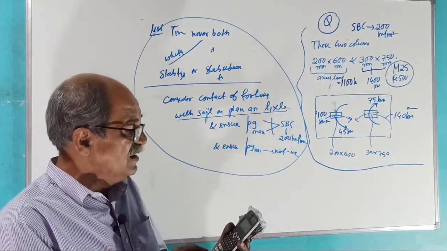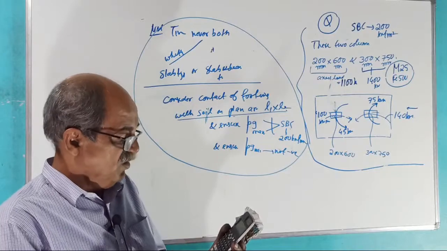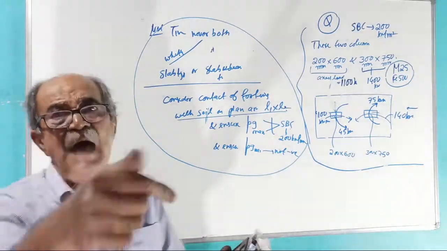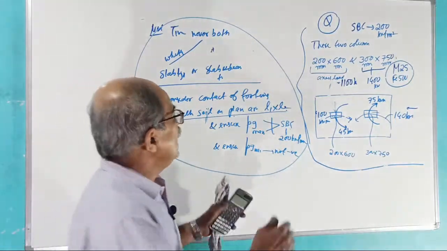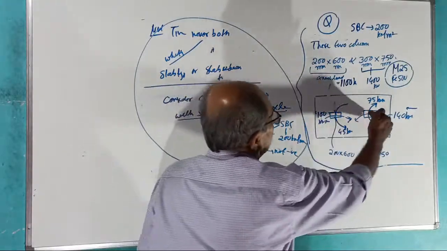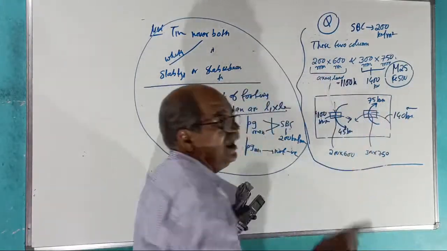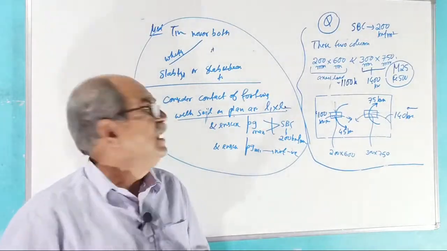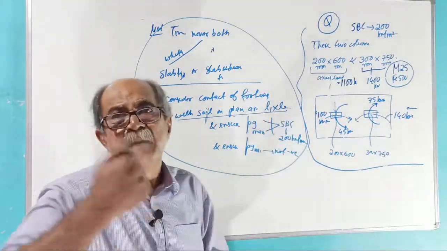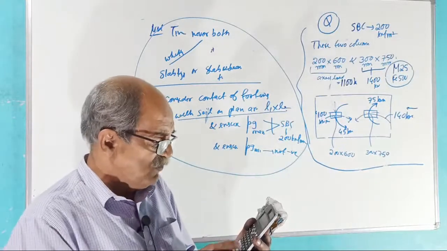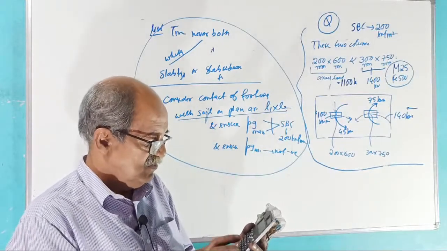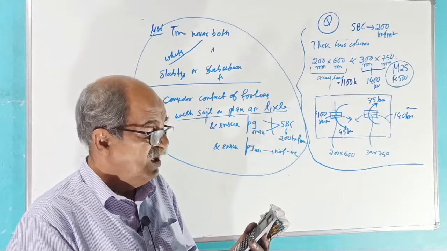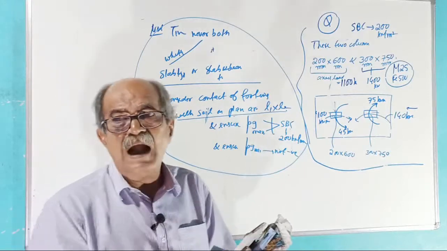Anybody can tell? That data I am setting now, so that I want sagging here and hogging here. I am setting it now. Later I will give one more question where it will come only sagging. That is in my hand. You don't bother about that one. Anybody can tell me what is the missing data?